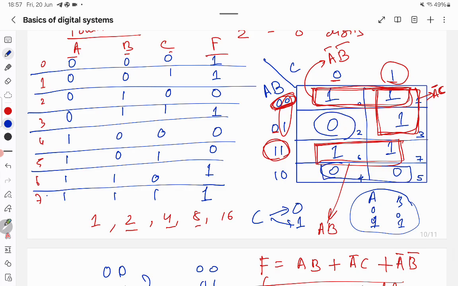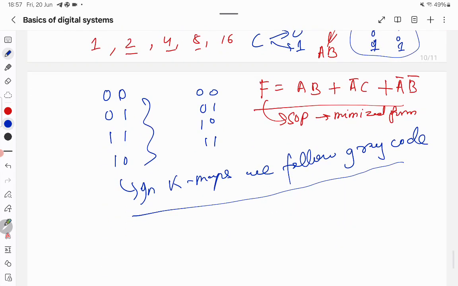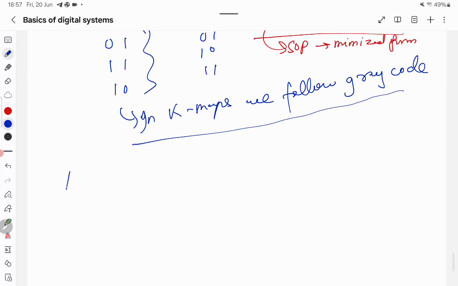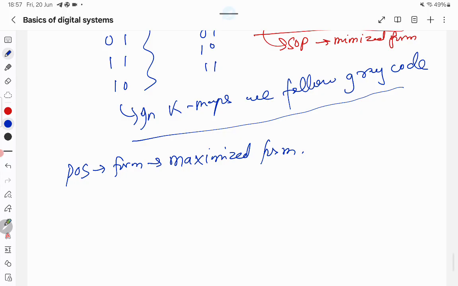So these two zeros you can take together, and this one as one, because you cannot take in pairs. Then you will write the equation for the zeros and you will find the POS form. And POS form is called the maximized form.